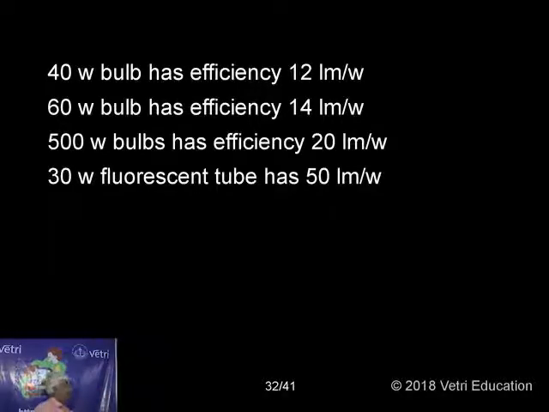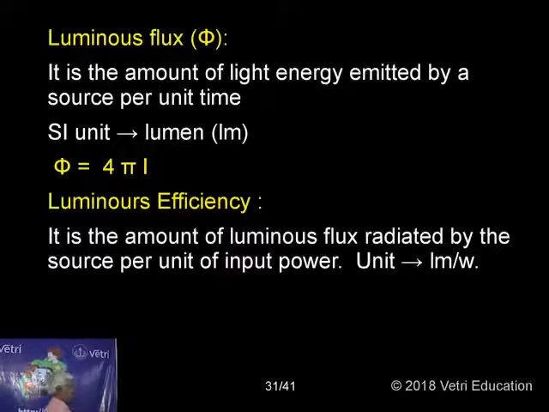For example, consider a 40 watt tungsten bulb. Anything printed on the bulb, 40 watts, we get 220 volts commonly. Among the input power, the bulb consumes 40 watts, and it has 12 lumen per watt. That is called luminous efficiency.